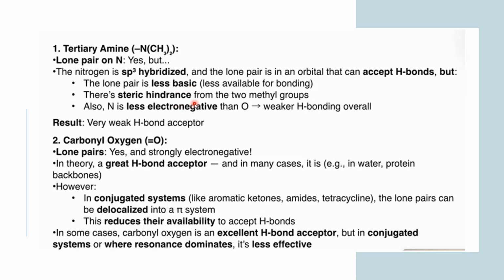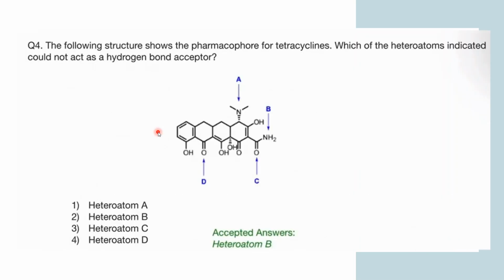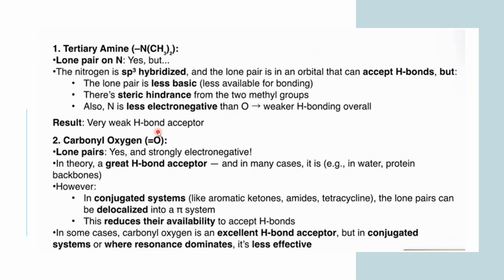There is steric hindrance because of the two dimethyl groups, and nitrogen is less electronegative than oxygen. So weaker hydrogen bonding; it will be a very weak hydrogen bond acceptor, but it could accept a hydrogen bond. It could be weaker, but it could accept because of the lone pair of the nitrogen which is present.